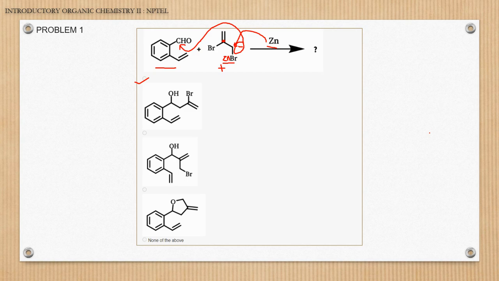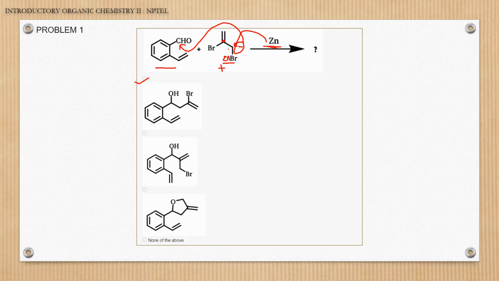I have told you in the previous lecture. Reformatsky. Yes, it is a Reformatsky reaction. Whenever you have zinc inserted into the C-Br bond and it acts as a nucleophile, then you will say that it is a Reformatsky kind of reaction.